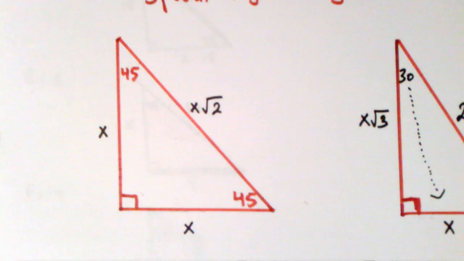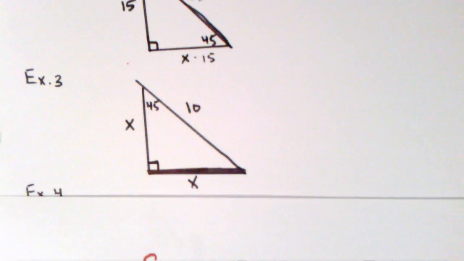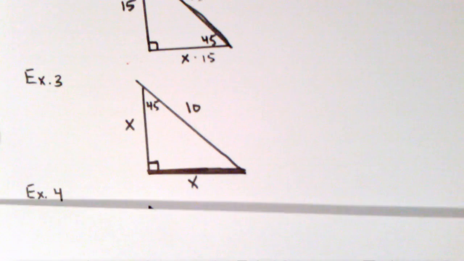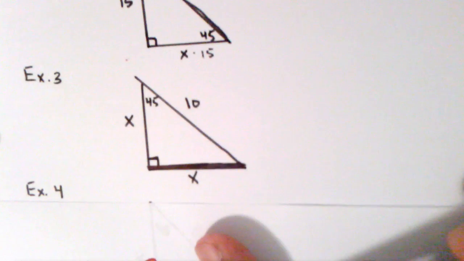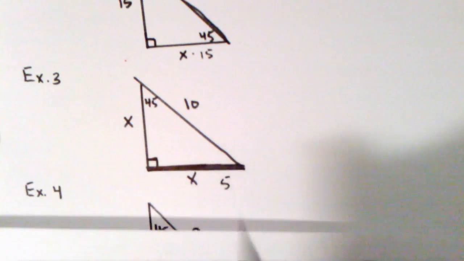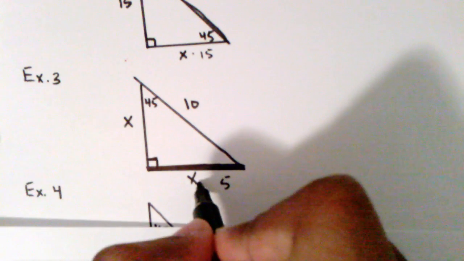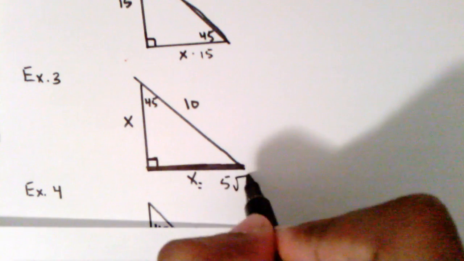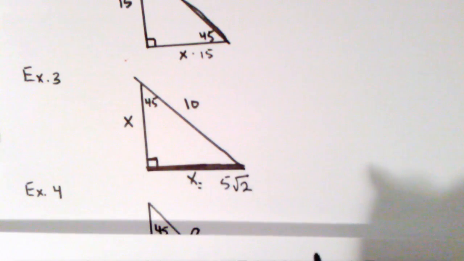Well, there's an easy way to do it, especially for those of you who don't really like rationalizing and even thinking about it too much. There's a little trick you can do. I simply take whatever this number is, I cut it in half. So 10 divided by 2 is going to give me 5. And I'm going to tack on a radical 2 to that. It's that simple.